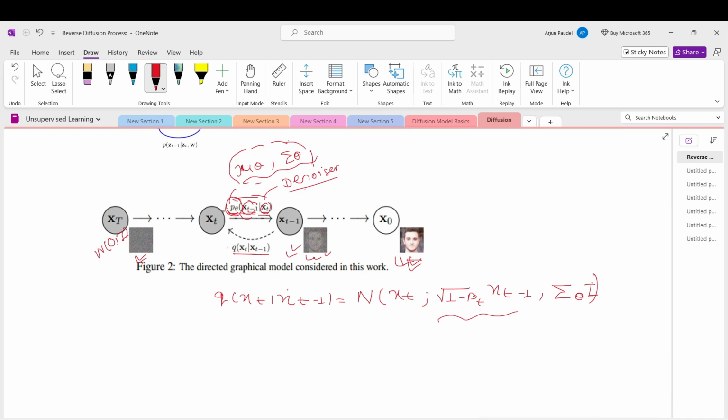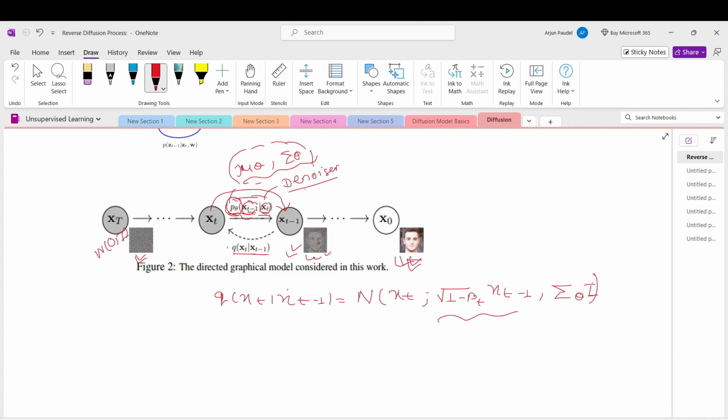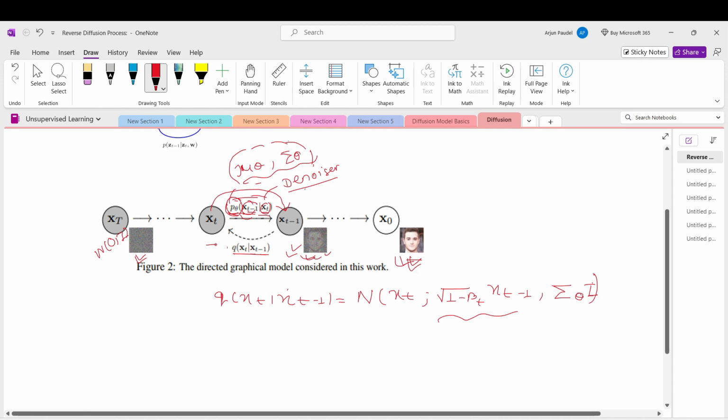We have to define another thing here. We get a more noisy image xt given the previous image from this distribution. It would be very nice if we could reverse this distribution, xt minus 1 given xt, that is, reverse the forward diffusion.